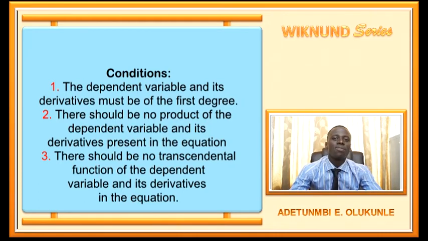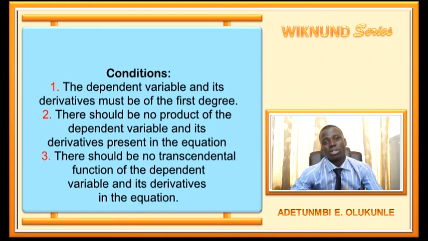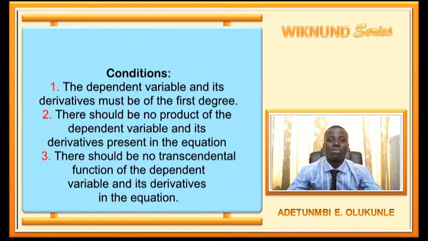So if the dependent variable and derivatives are not of the first degree, if there's the presence of a product of the derivatives and the dependent variable, or we have a transcendental function of the dependent variable or derivatives, then we say they are non-linear. Any of these conditions violated, you conclude that the equation is non-linear.